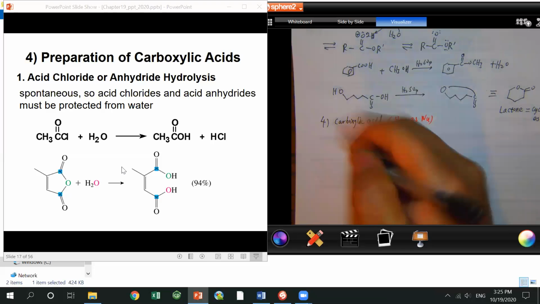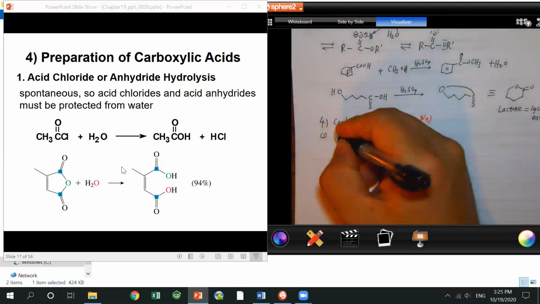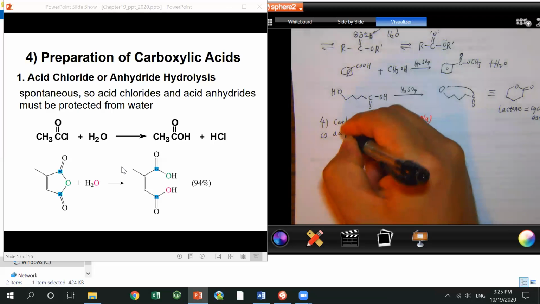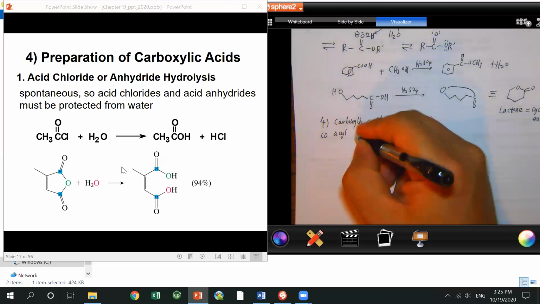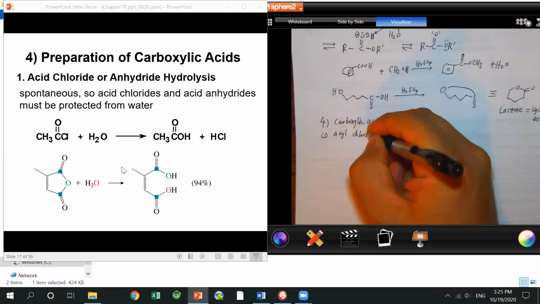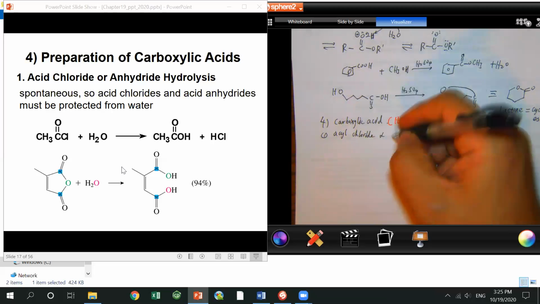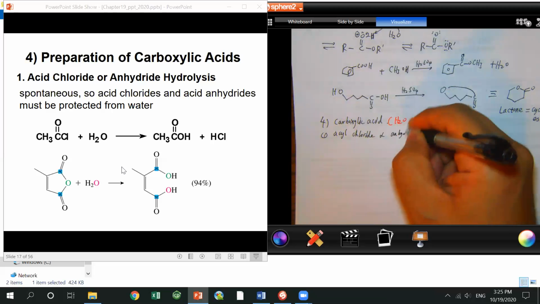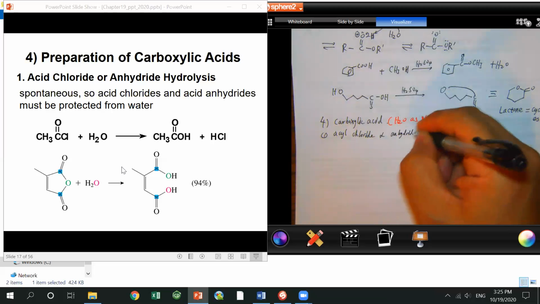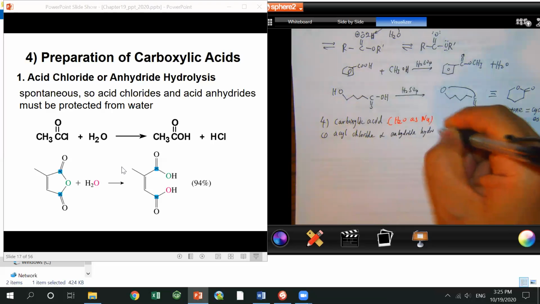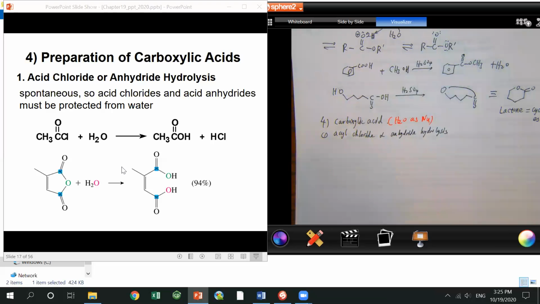So the acyl chloride or anhydride hydrolysis is the more expensive route, because the acid is quite cheap. We try to make cheap chemicals from expensive ones, which is why that's the less common one.